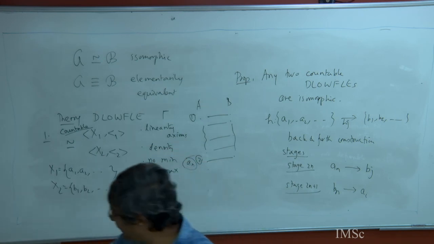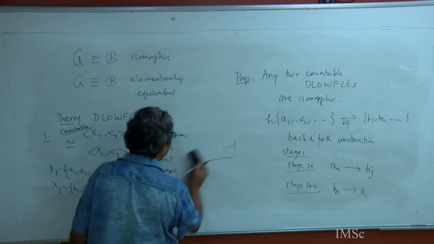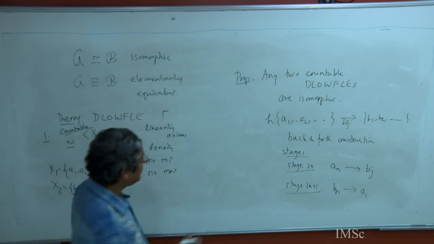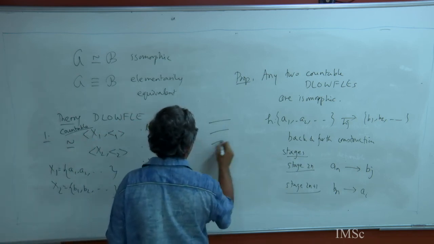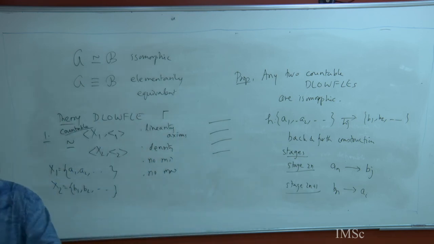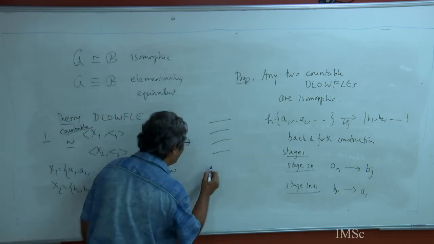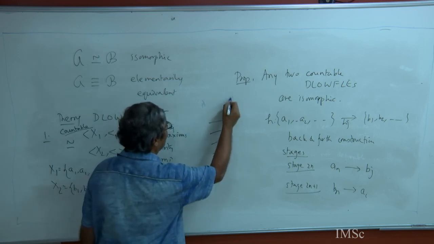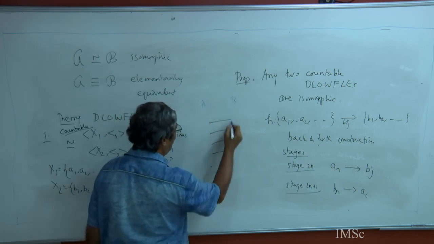If I have already mapped elements like these, right? And now I get a new element which is here, which is above all of them on the A side. Choose a B which is here, above all these.